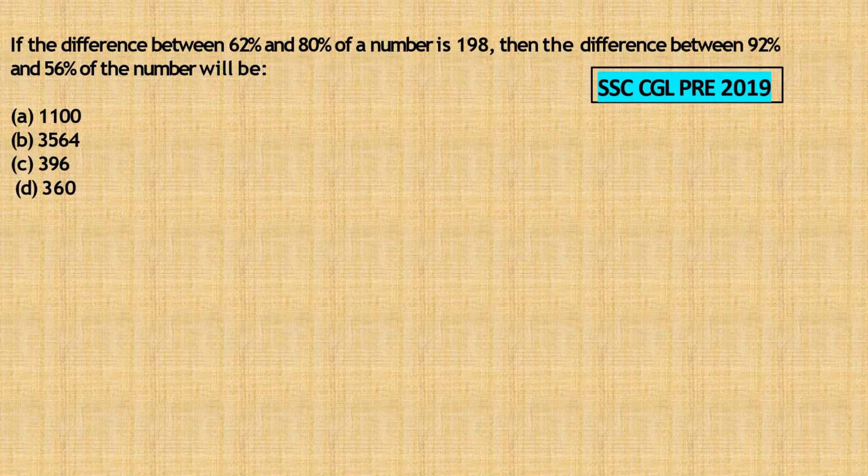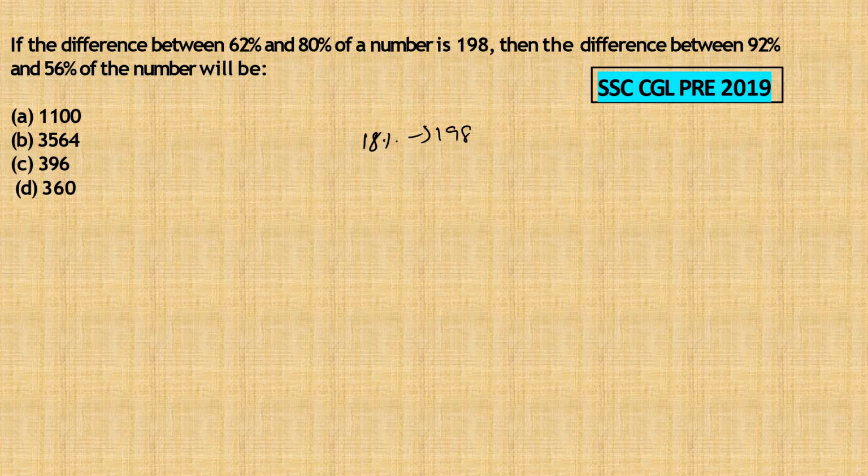If the difference between 62% and 80% of a number is 198, 80% minus 62% is 18%. 18% denotes 198. Then the difference between 92% and 56% of a number will be 92 minus 56, that is 36%.